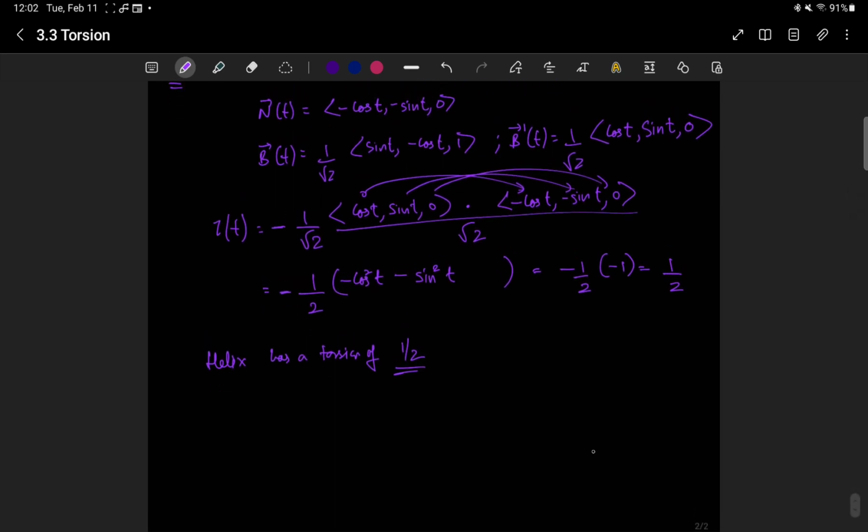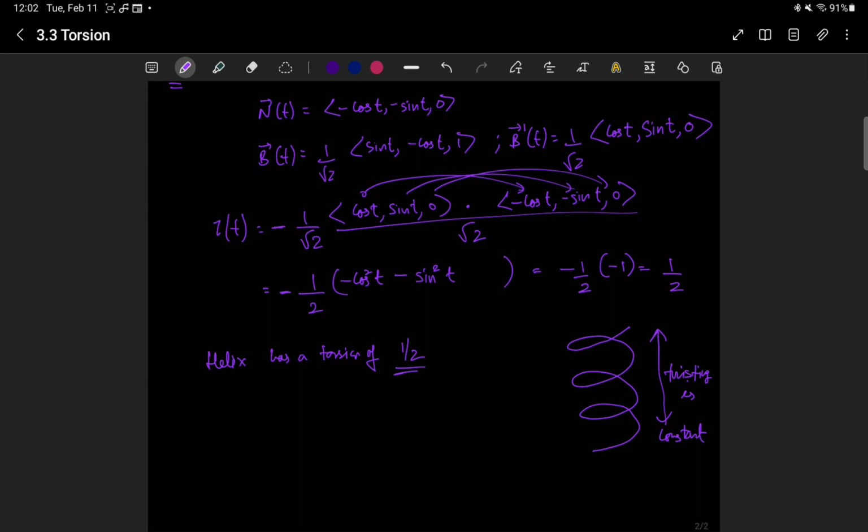And if you look at the space curve of this thing, the twisting is constant. The twisting doesn't vary, and that's why the torsion doesn't come out to be a function of position or parameter t, but a constant like half. Which raises the question: is that always the case?